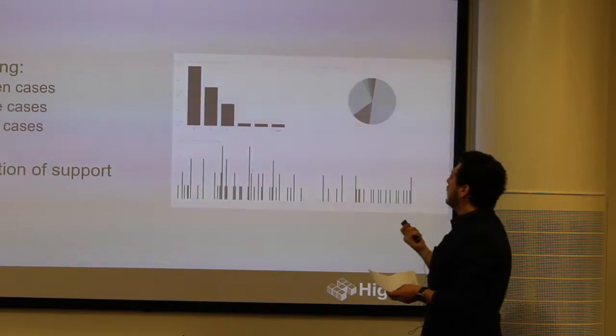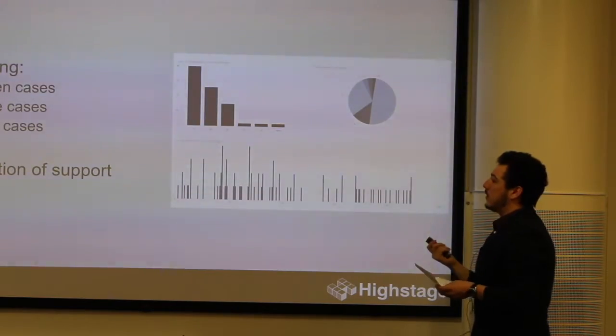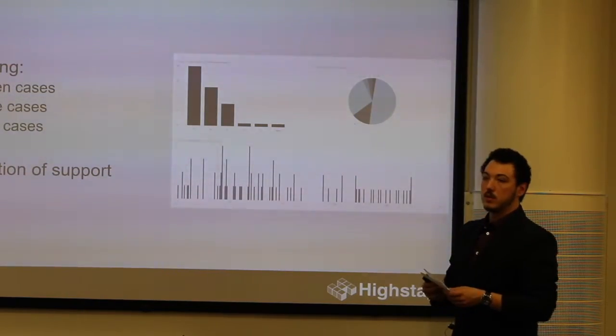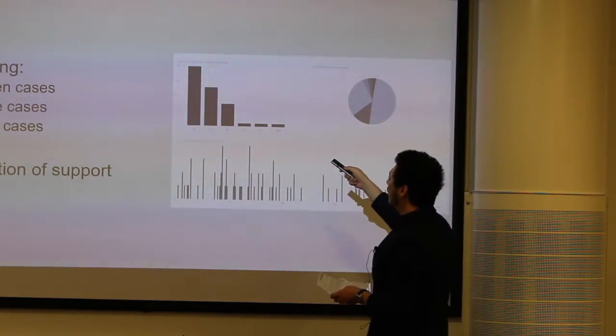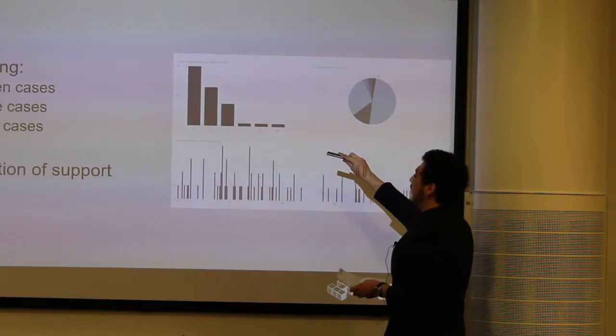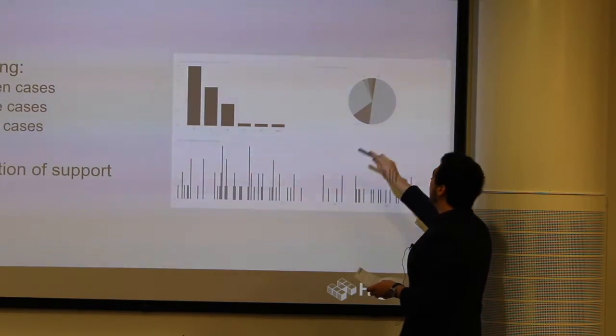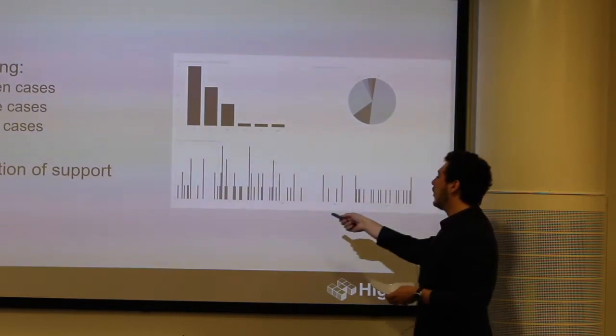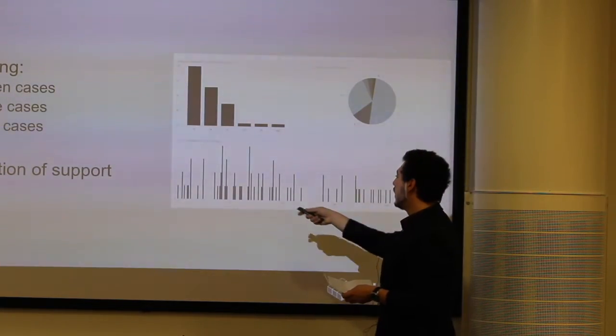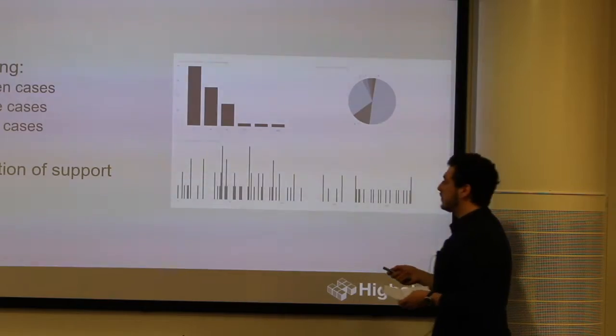Then we also made a report showing our support status for HighStage, containing the number of open cases, the employee assigned to it, the step they are in, and how old in days each of the cases is.